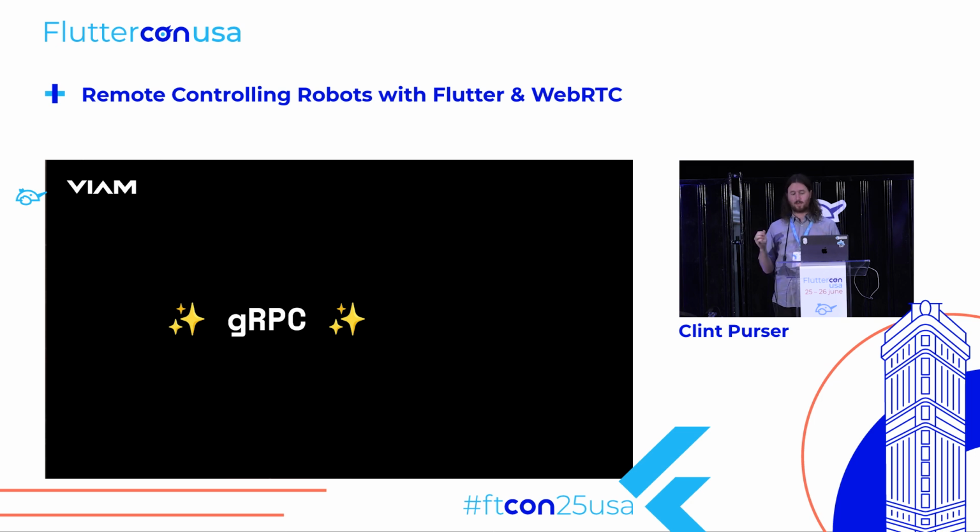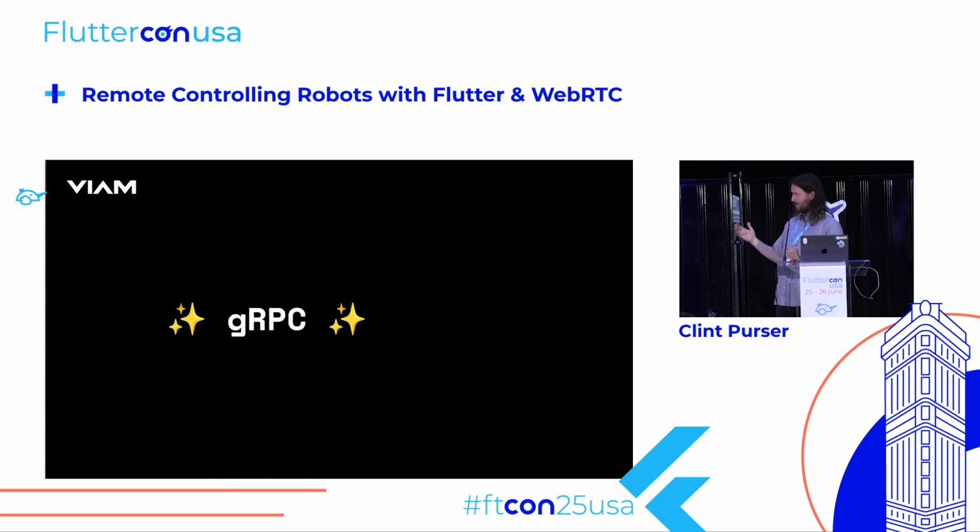It's also really great because you don't know if in all scenarios you're going to be using WebRTC. You might be using direct gRPC if you're on the same network. You might be using mDNS if you're on the same network. You might be using BLE, right? So if you establish these messages in protobuf, that gives you the ability to use it in all sorts of environments universally across anywhere in your stack.